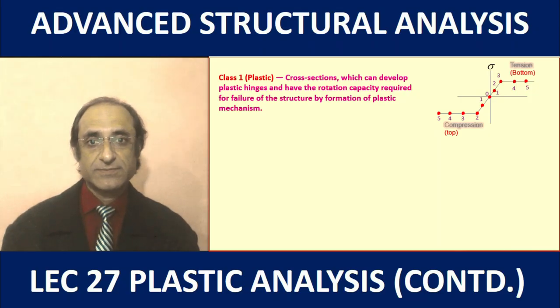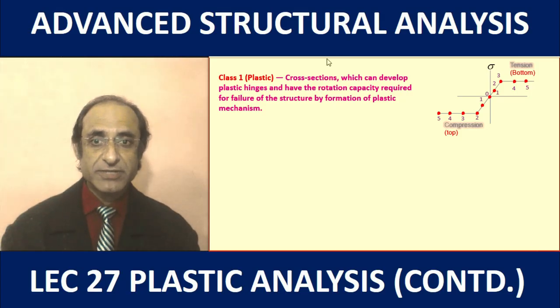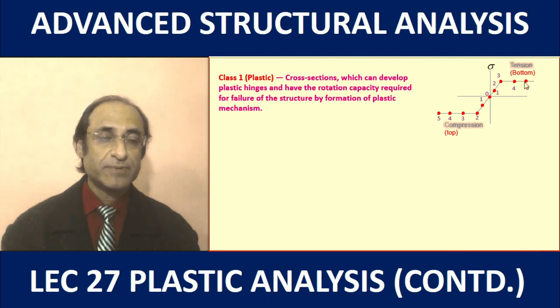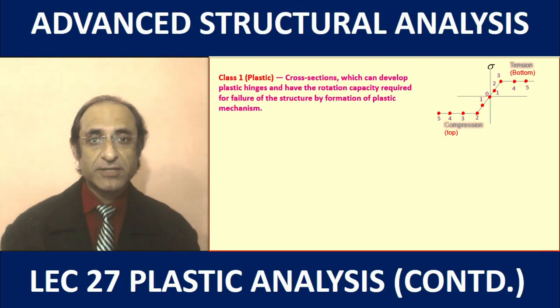The first is the plastic section. These are the cross sections which can develop plastic hinges, and they also have the high rotation capacity required for the failure of the structure by formation of a plastic mechanism. Typically we have seen that at point number 5 we have the stress diagram such that the entire section is in the plastic zone, but the plastic sections can go beyond this.